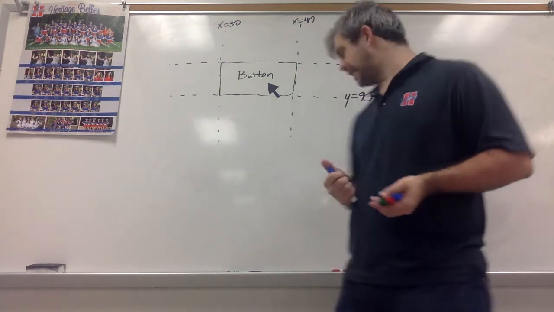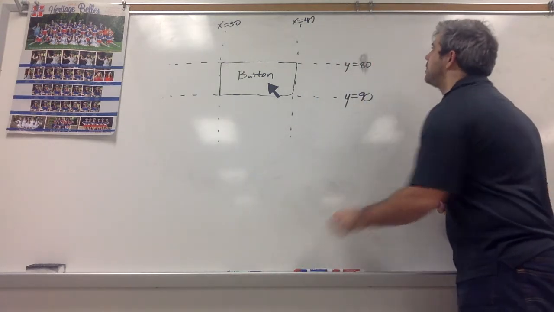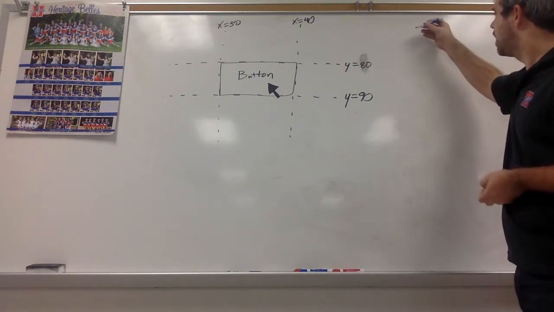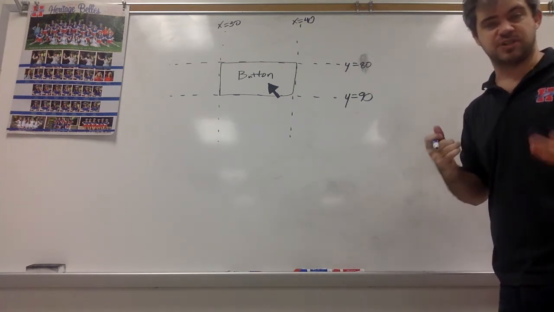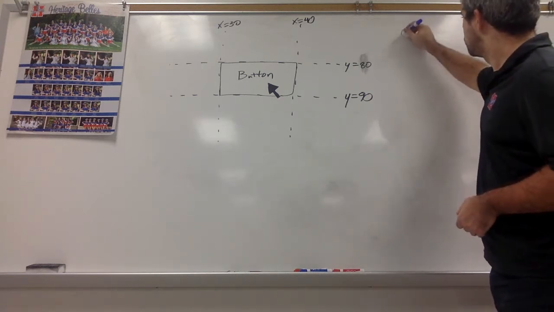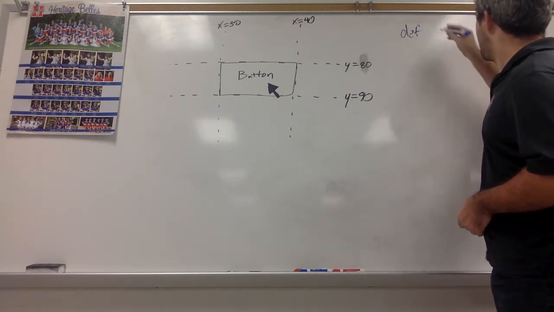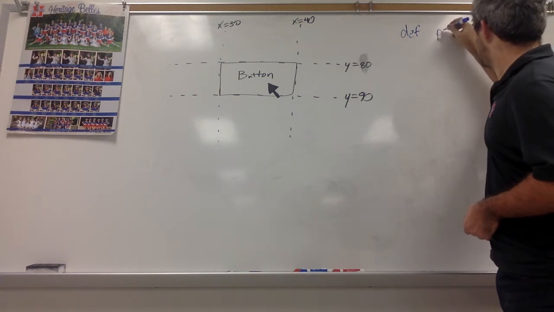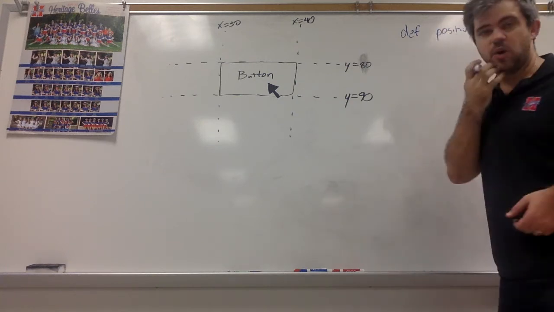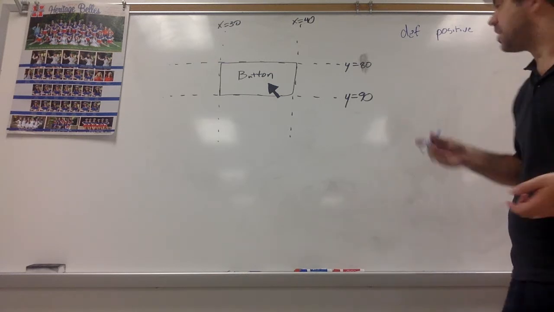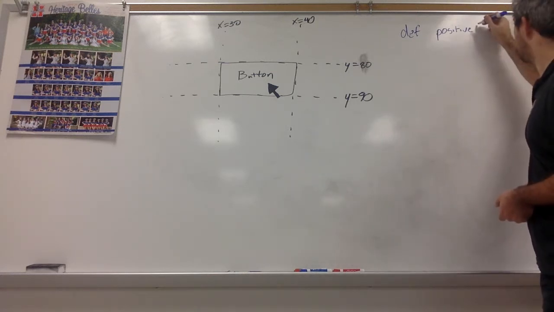You probably wouldn't need a method for this, but suppose you just wanted to figure out if a number was positive or not. Well, we could define a function called positive. Now, we're going to need a number.